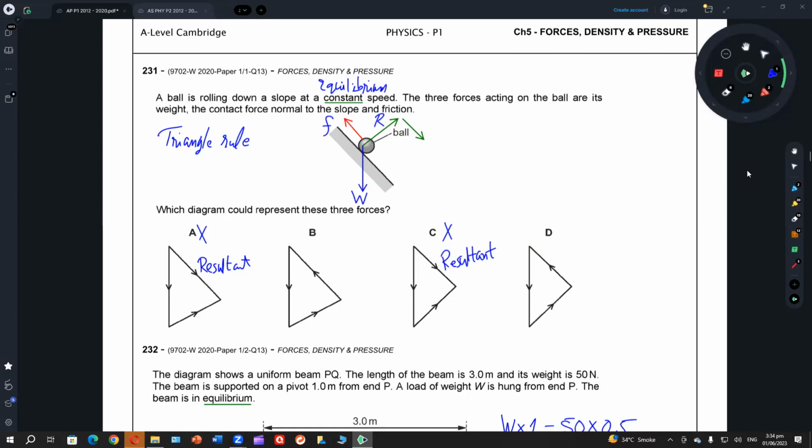The arrows are also pointed towards the same direction. The diagram is only different in terms of angle. D has a slightly larger angle and B has a smaller angle. This is the only difference which is visible. If I say this is θ1, and this is θ2.